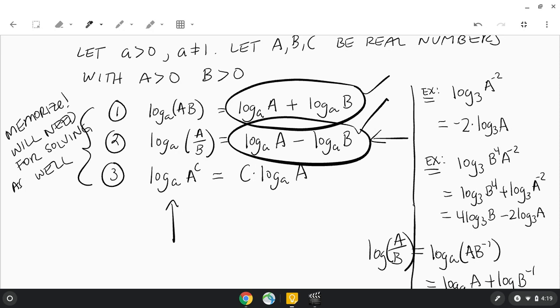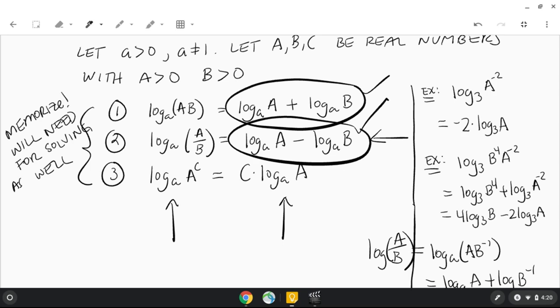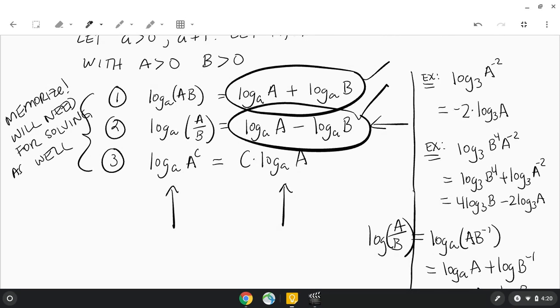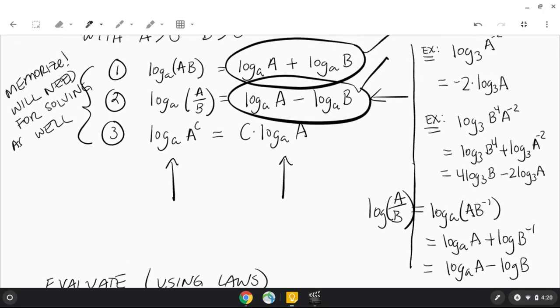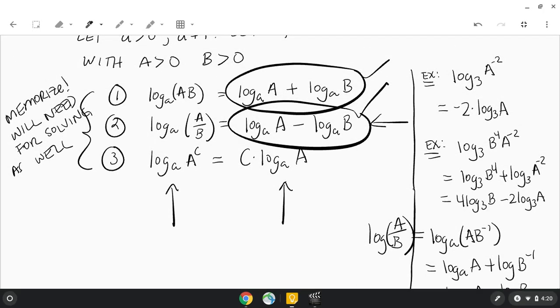We have a single log. But all of these on the right-hand side are expanded. So when they say expand the following, you want to try to write it as a sum or a difference or a multiplication with a sum and difference. When they say condense, you want it to look like the left-hand side, a single log.